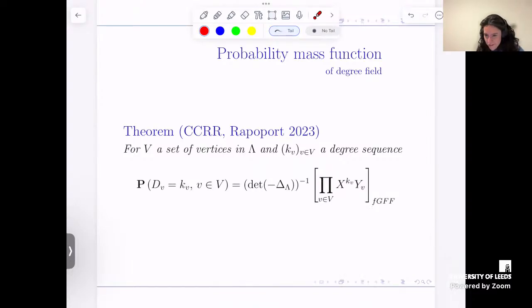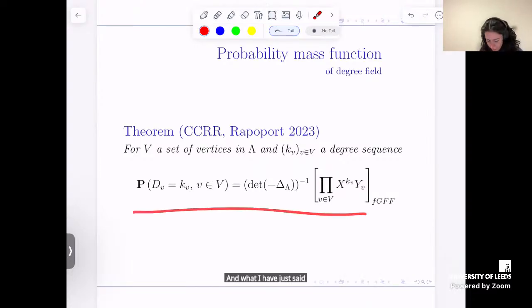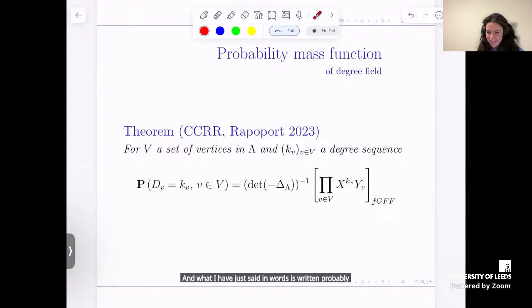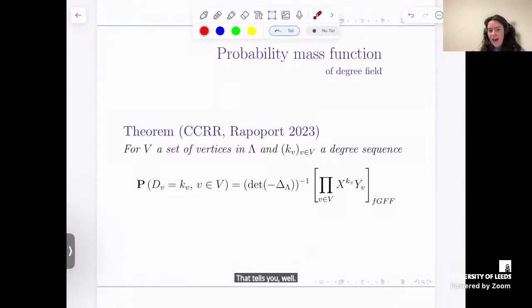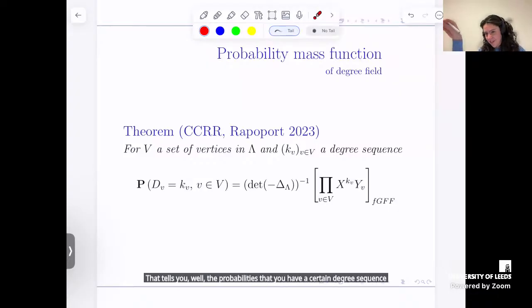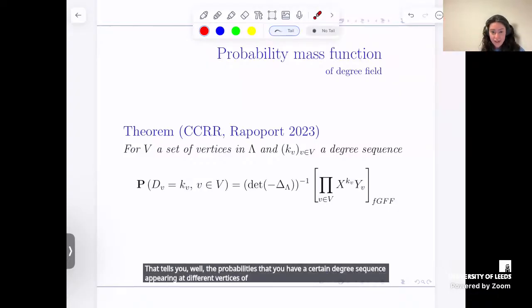And what I have just said in words is written probably better in a more formal way in this line that tells you, well, the probability that you have a certain degree sequence appearing at different vertices of your graph lambda is the fermionic expectation of the field xkv times yv.